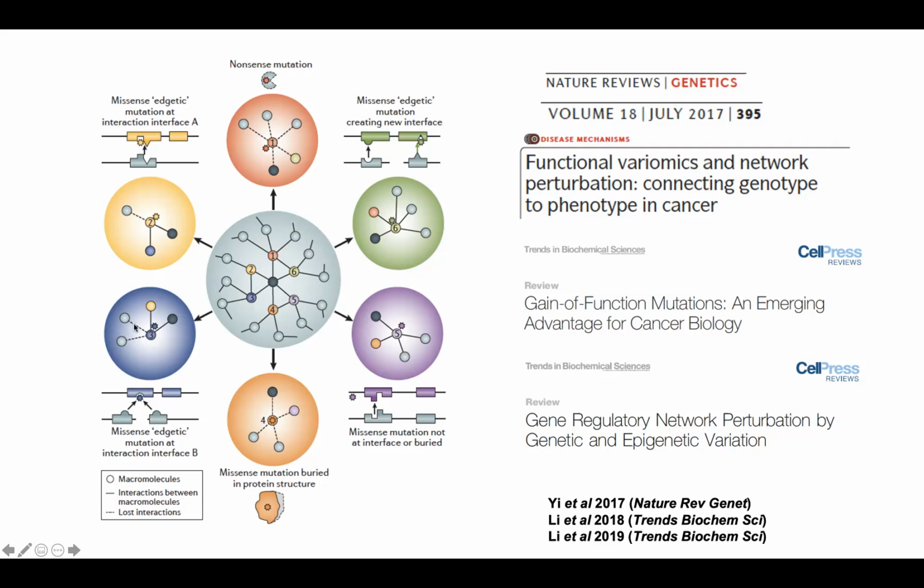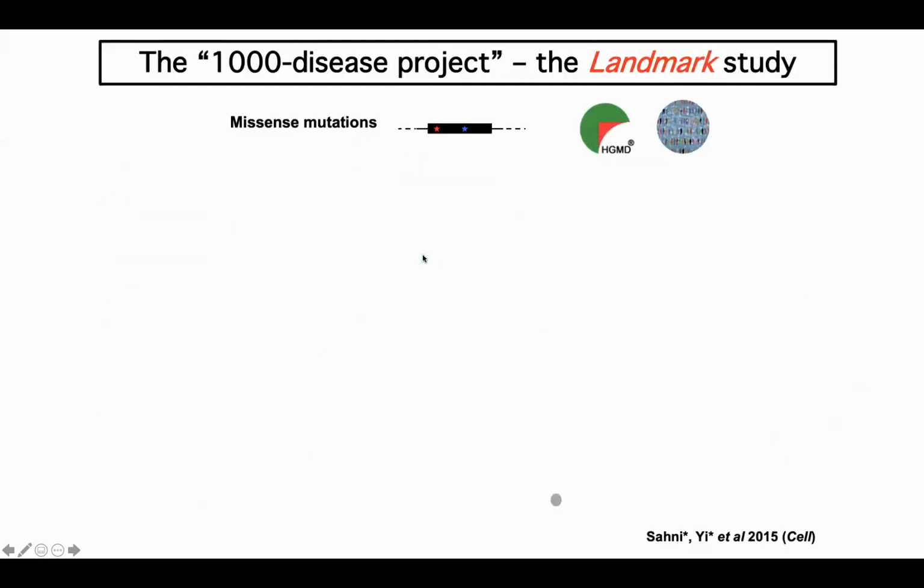It can lose these 2 interactions while keeping the other 2 intact, as you see in this scenario. It can also have no effect on the network, like mutation 5, which is similar to the wild type network, or it can gain an additional interaction, as we mentioned just now.